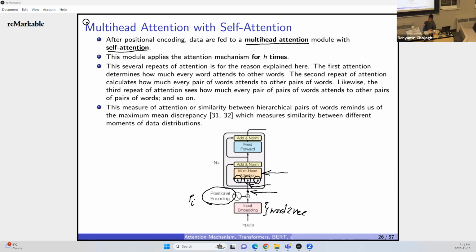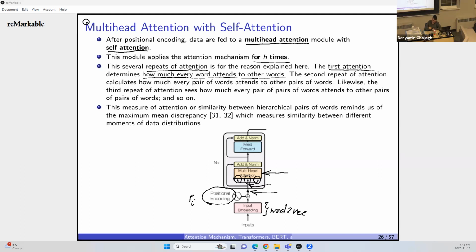And why is it called multi-head attention? Because I apply this attention for h times. What do I mean? These several repeats of attention is for this reason that I'm explaining. The first attention determines how much every word attends to every other word in the sequence, right?